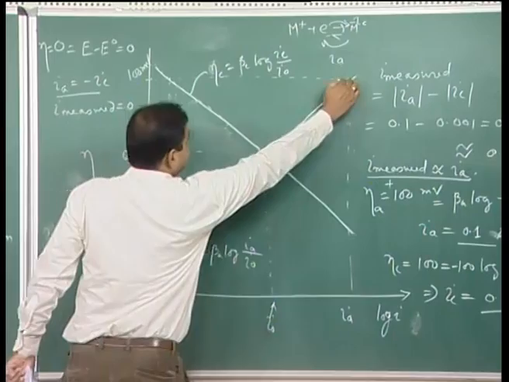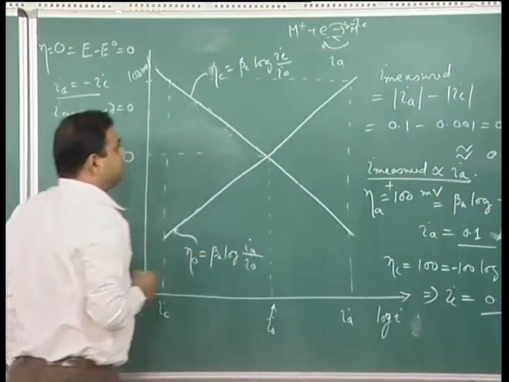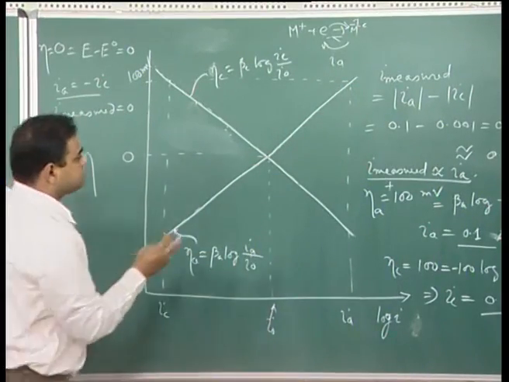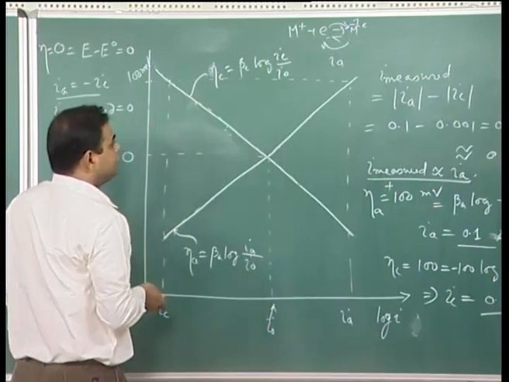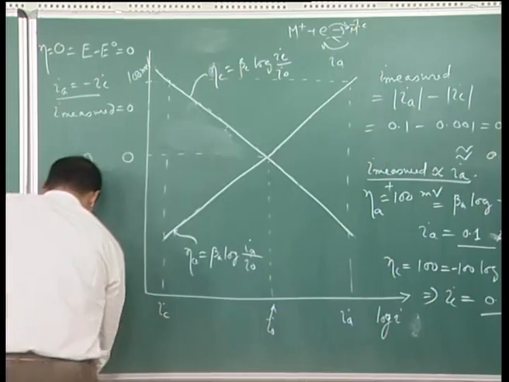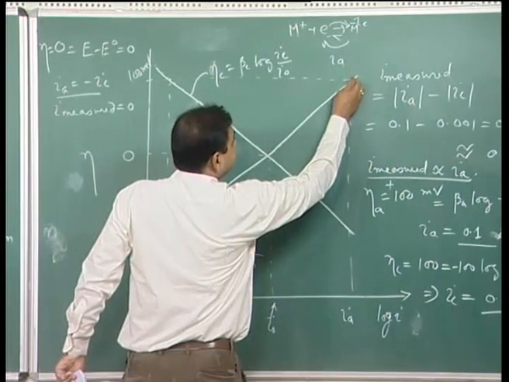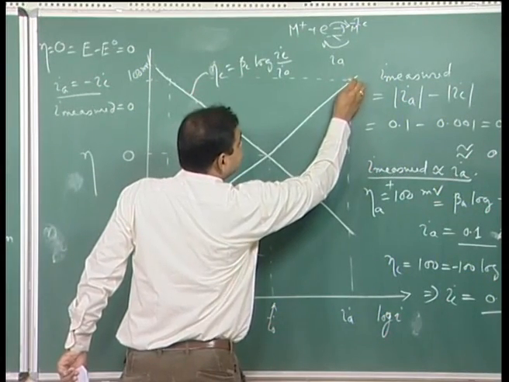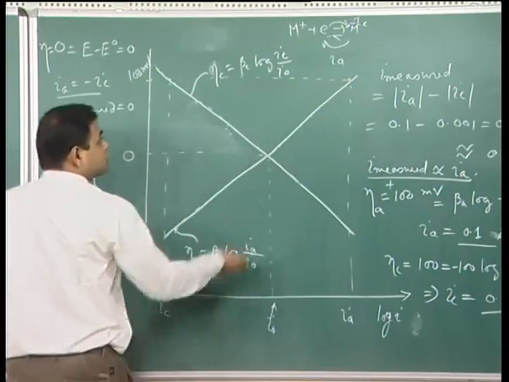Now when the overpotential is 100 millivolt, at that time I see that I measured equals IA. So what would be my corresponding point there? My corresponding point would be close to this.